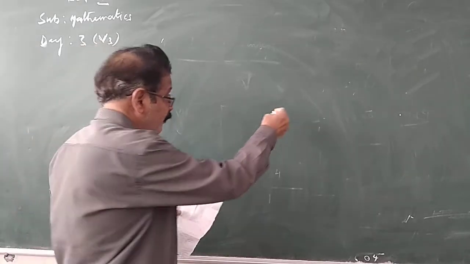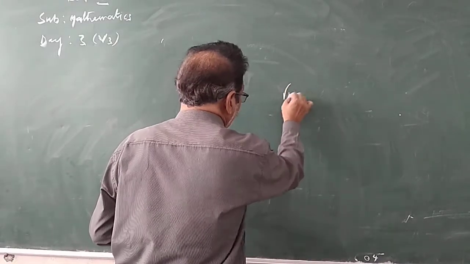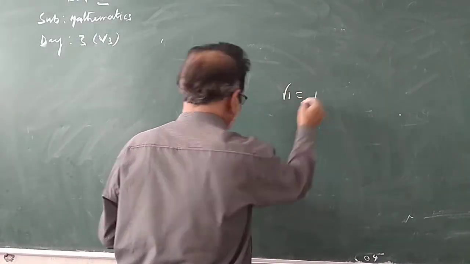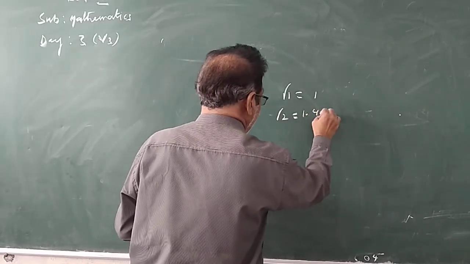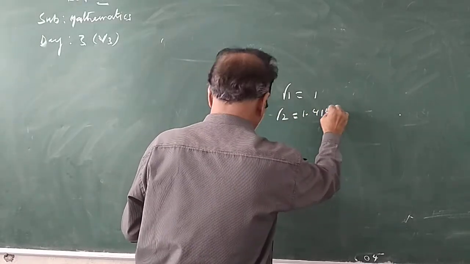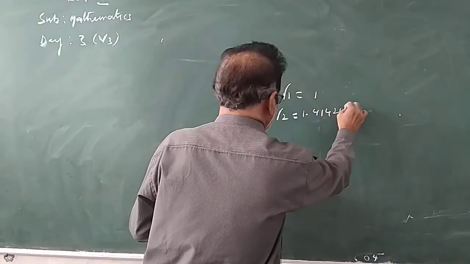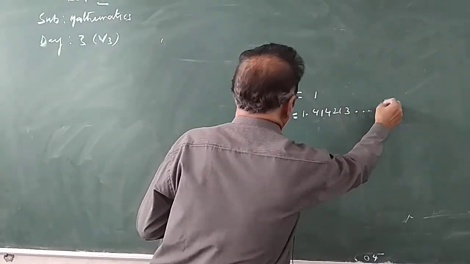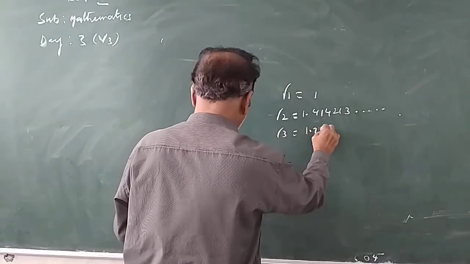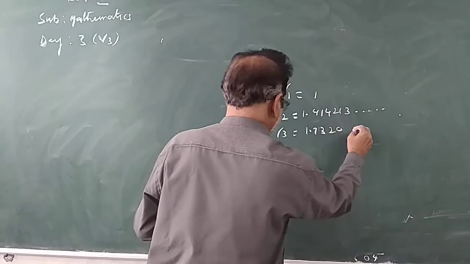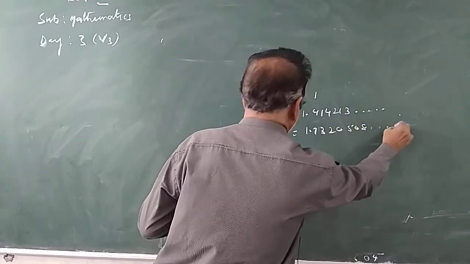So, from the table I will give you root 1 is equal to 1. Root 2 equal to 1.4142 1 3, so on. I just derived it, I did the division also. Root 3 equal to 1.7320 and so on.